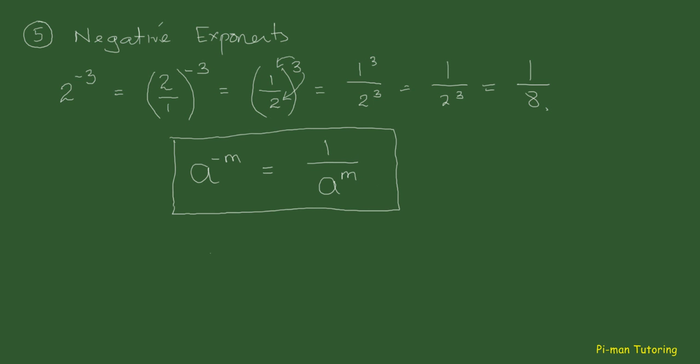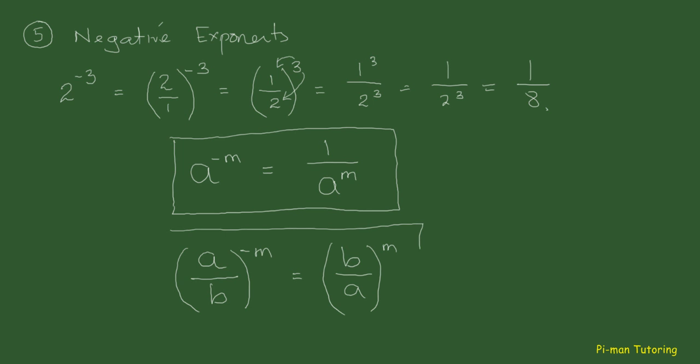More generically, if you have a fraction in the base raised to a negative power, you're going to turn that fraction upside down and turn the exponent into a positive. So that's how we deal with negative exponents. Again, in the next video, we'll go through lots of examples of these. So if it's a bit bewildering at the moment, practice will definitely help.